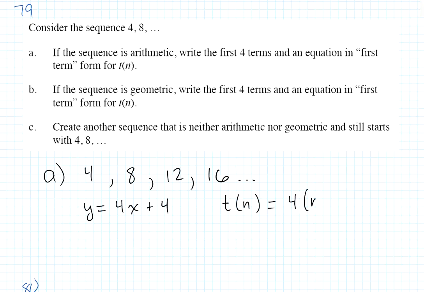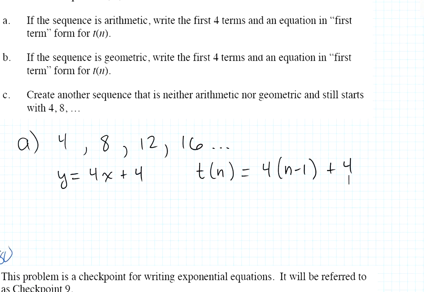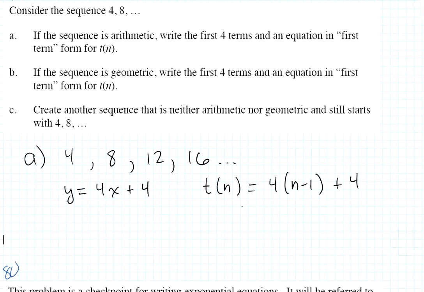So you can see I'm just replacing x with n minus 1, and then I'm going to add to that the value 4. And just to verify, if n is 1, I would want to know what the first term is.